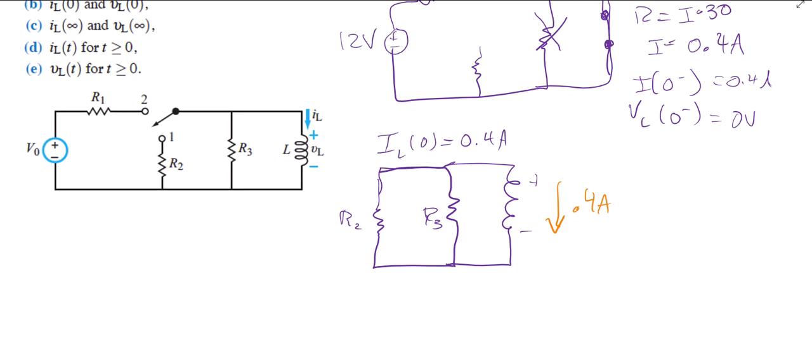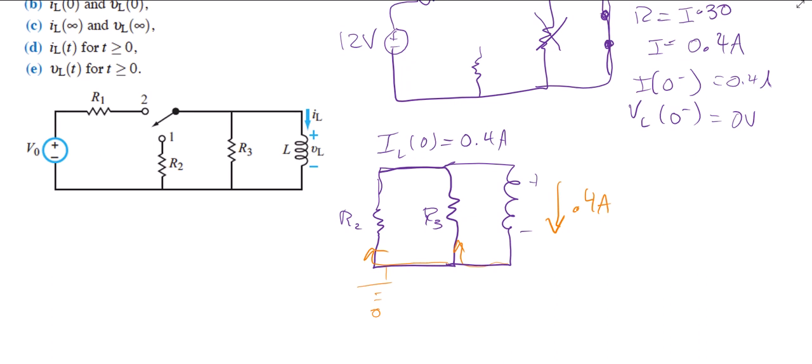And I know that the inductor is in parallel with R3 and R2. So if I can get the voltage across R3 or R2, then I will know the voltage across the inductor. Notice the current is going to come here, and then we'll have current division.